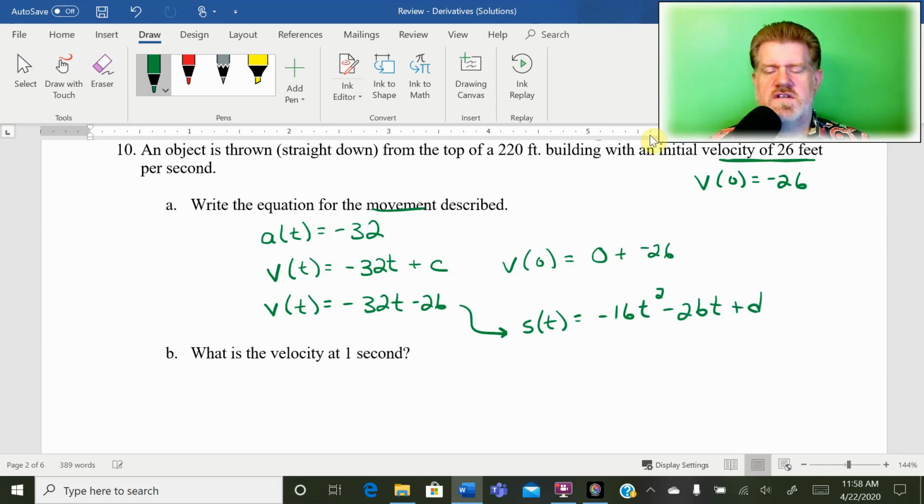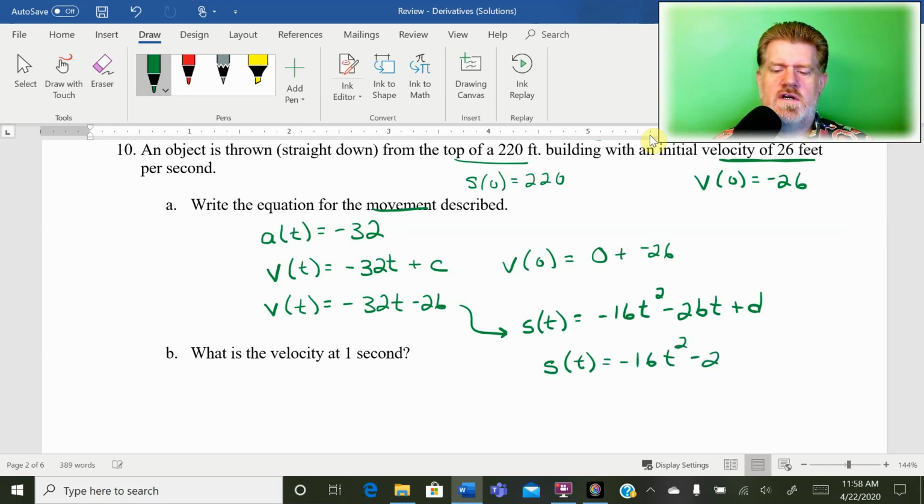We'll call it d this time since I don't use the same one. Well, d is your initial position. We're 220 feet up. So our d value is this. So this function right here describes the motion of the object.